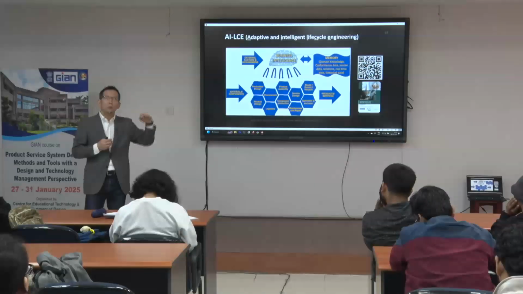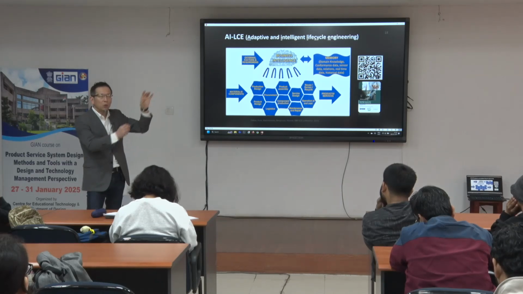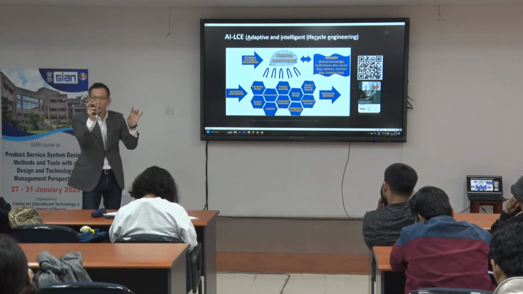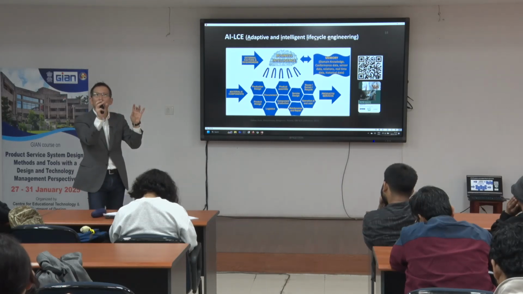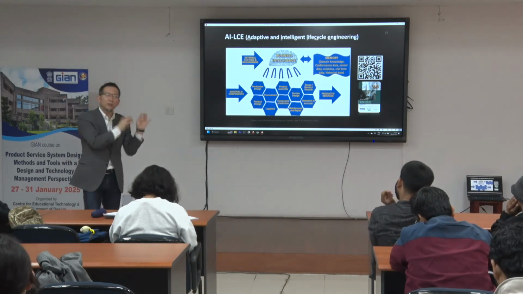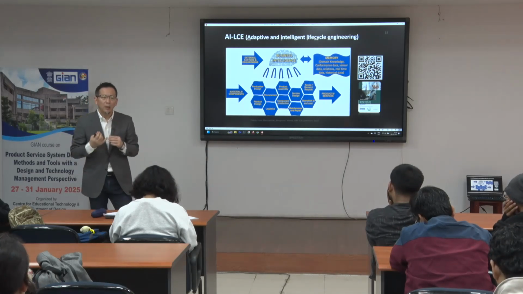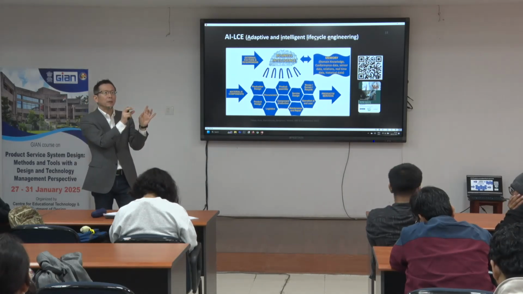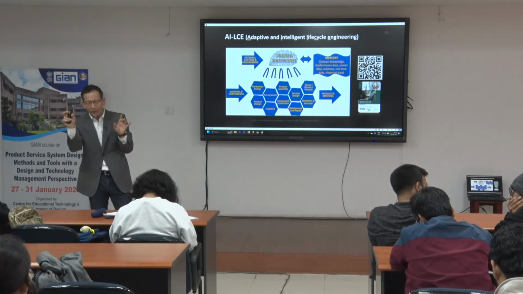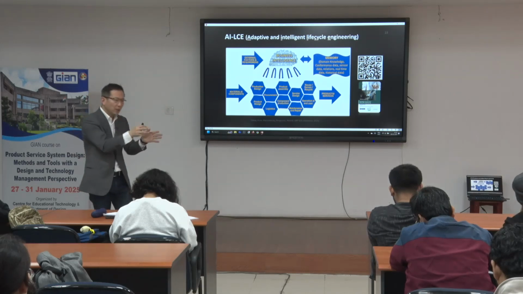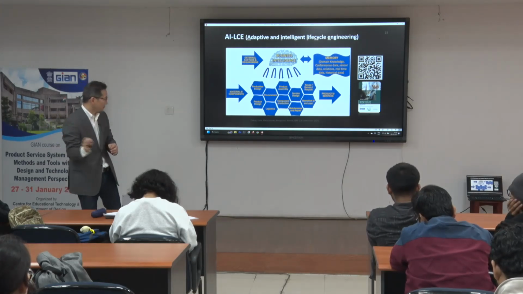And I think you remember one of my earlier slides showing different lifecycle phases, and how they are connected to each other. Traditional lifecycle engineering thinking builds upon a series of different lifecycle phases. Design, and then manufacturing, and then use, and then service, and so on.